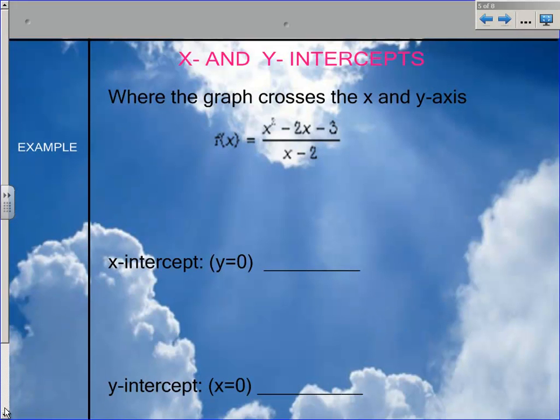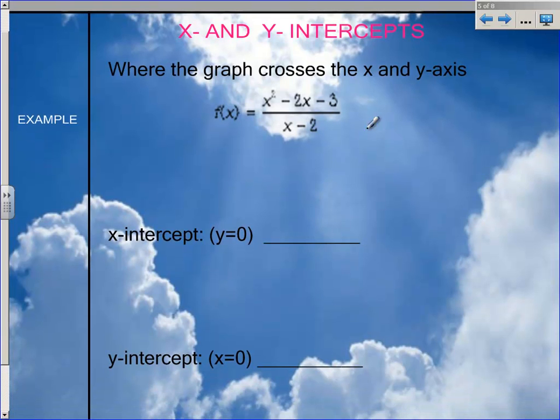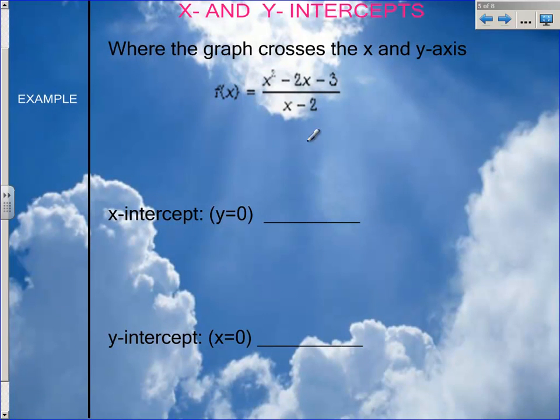Okay, so let's take a look at also what we need to know: intercepts. Intercepts are where the graph crosses the x and y axis. Your x-intercepts are where y equals 0. So what you're going to do for your x-intercepts is set your top equal to 0, and make sure it doesn't make the bottom equal 0 at the same time.